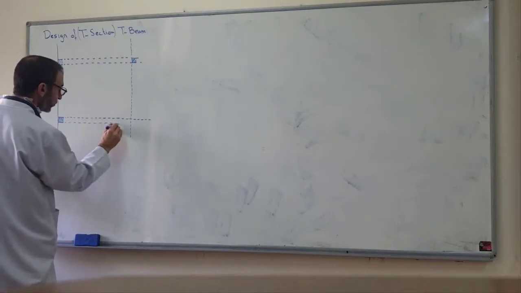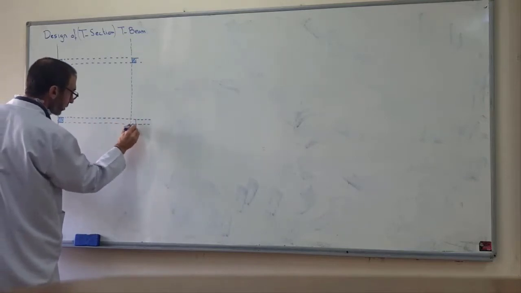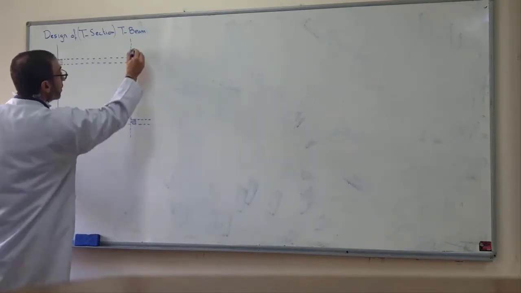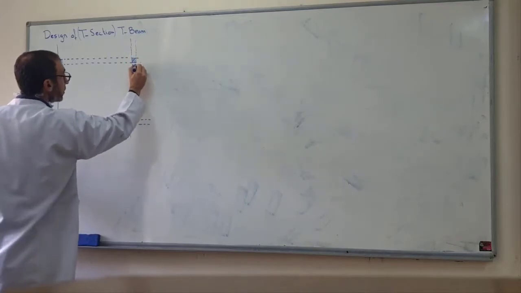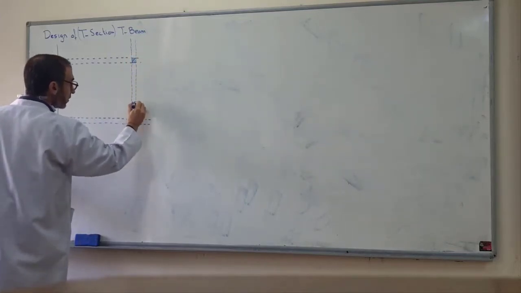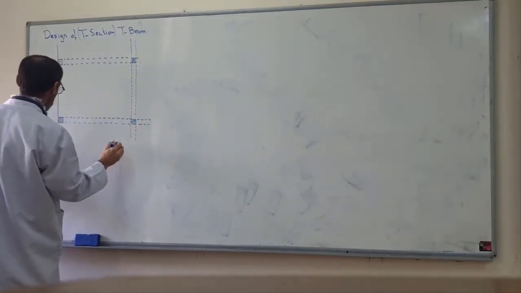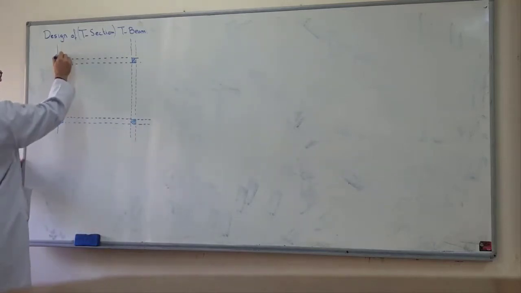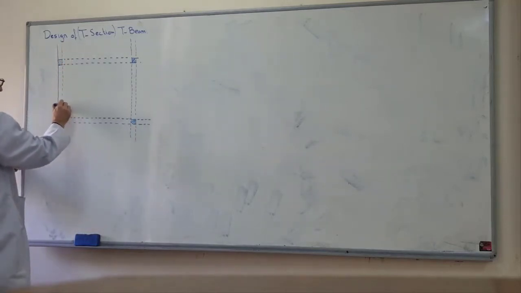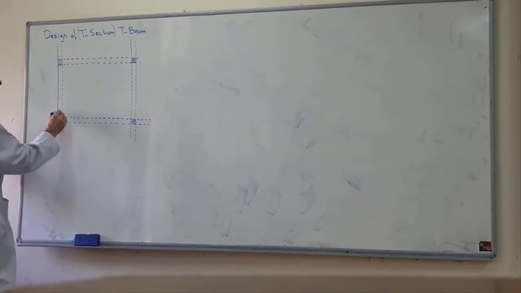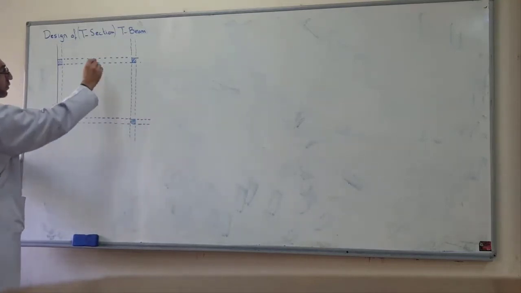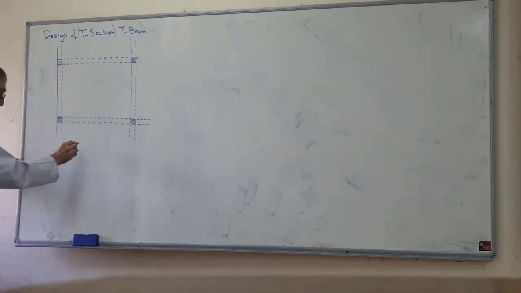Plan means top view. We show the column in this way, and we show the beam in this way with dash line. This is plan.